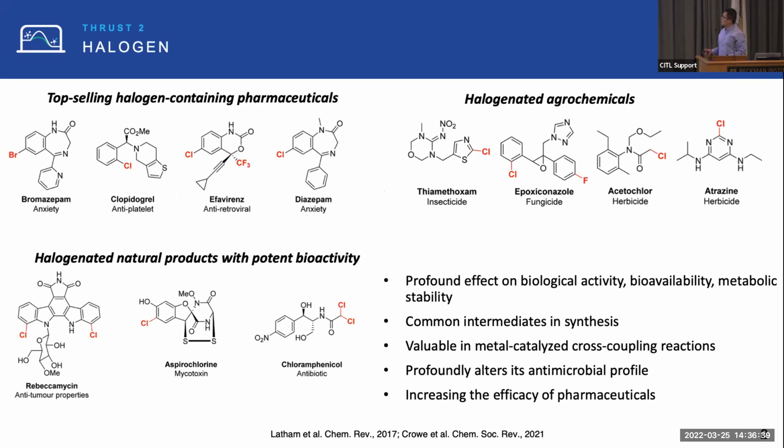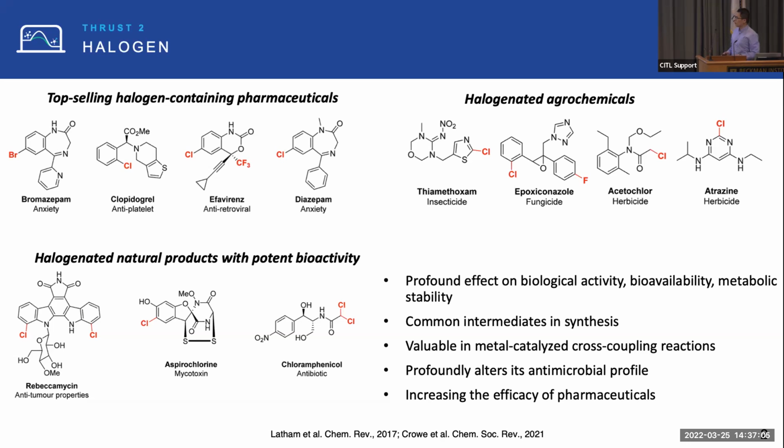In the pharmaceutical and agrochemical fields, there are lots of compounds harboring halogen atoms, because introducing a halogen into a compound has a profound effect on its biological activity or bioavailability.